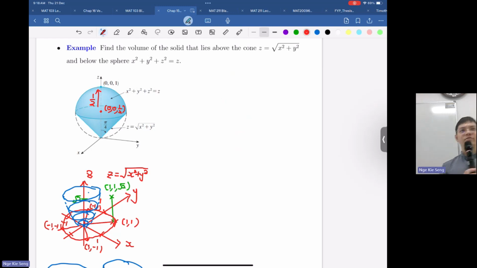Which one can help you to draw a sphere? Spherical. Okay, let's try and use spherical.